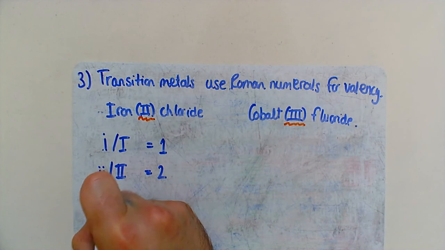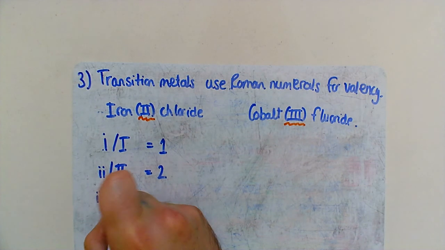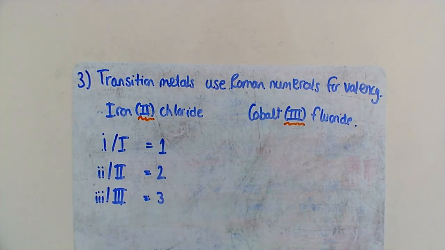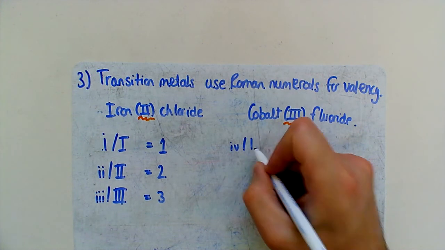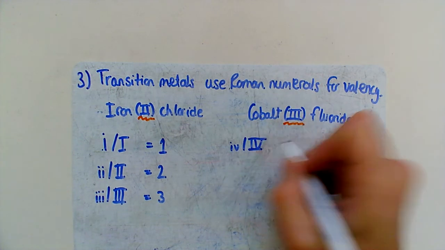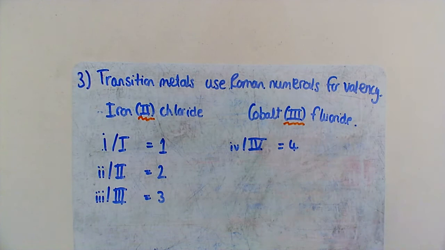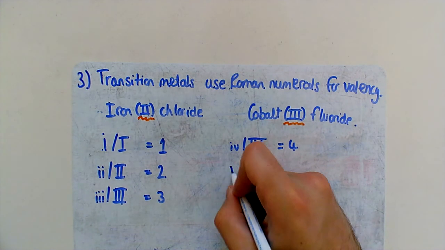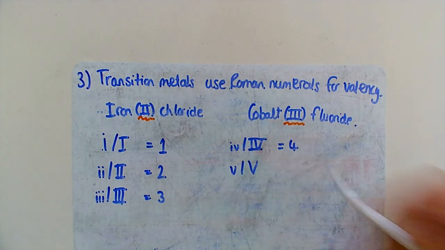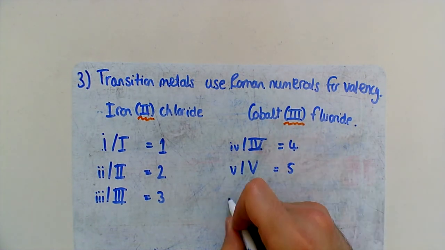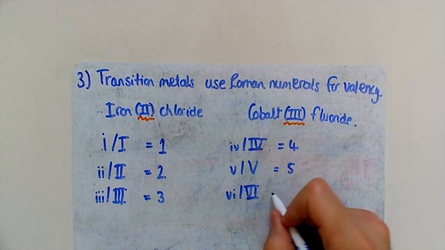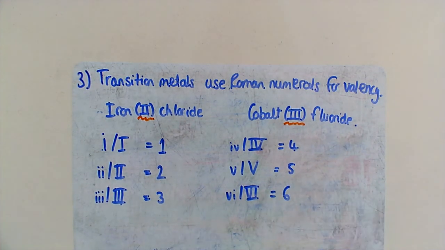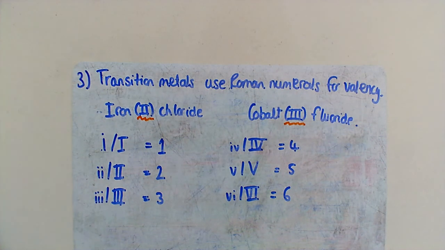III equals 3. IV equals 4. V equals 5. And VI equals 6. So that's what you need to do.